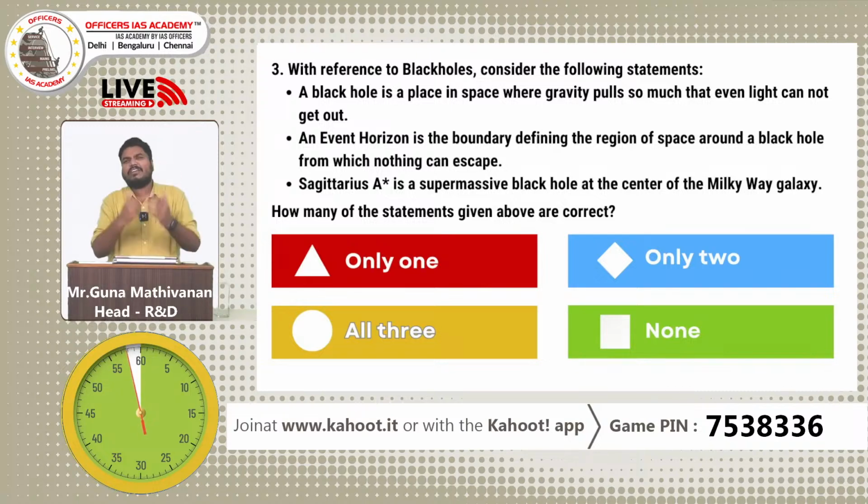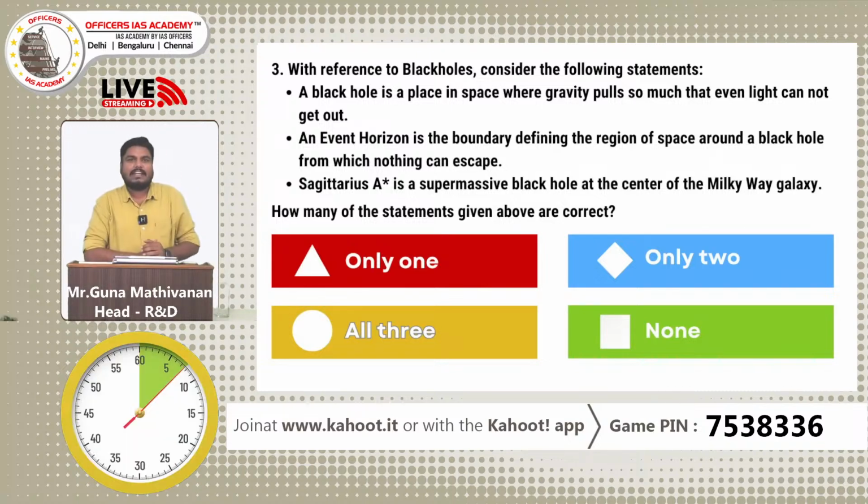Even light cannot escape. For the first time, in 2019, with the help of the Event Horizon Telescope, we captured the image. It was published in 2019 for the first time. And last year, we released the image of the black hole at the center of our Milky Way galaxy, which is named Sagittarius A star.